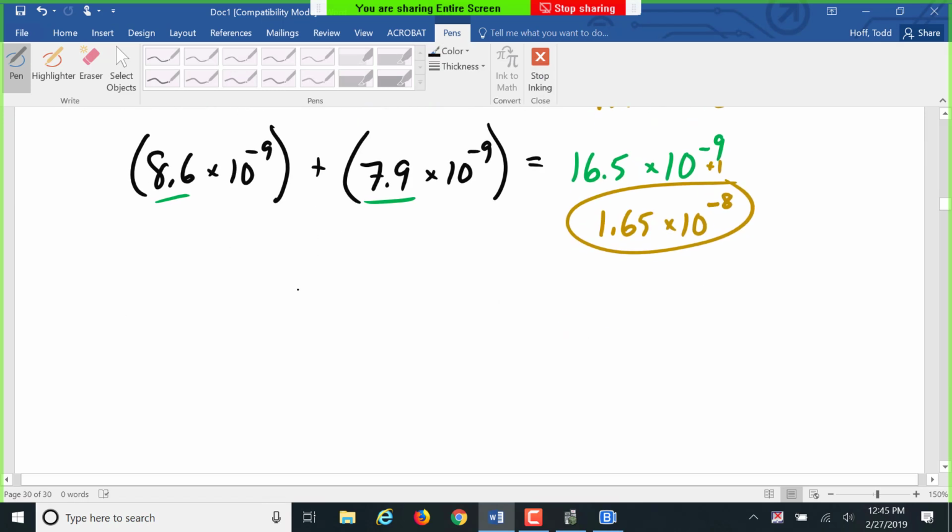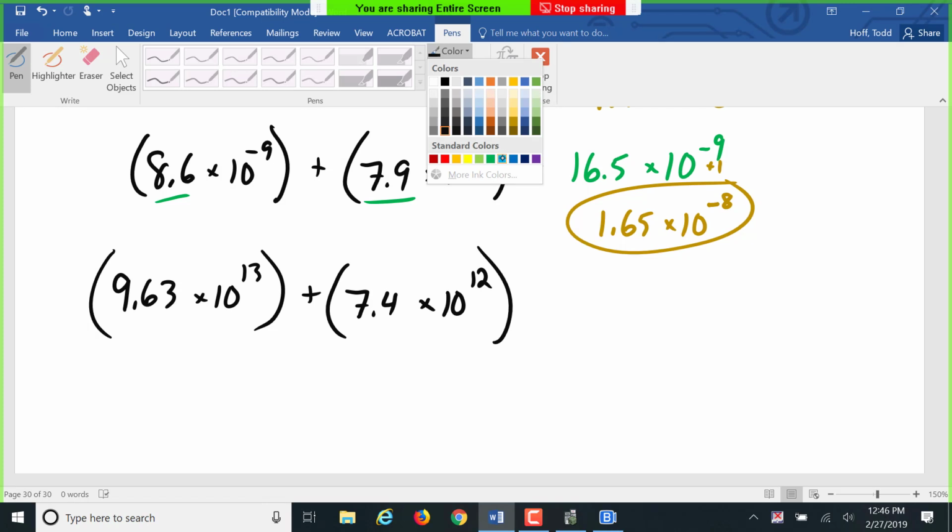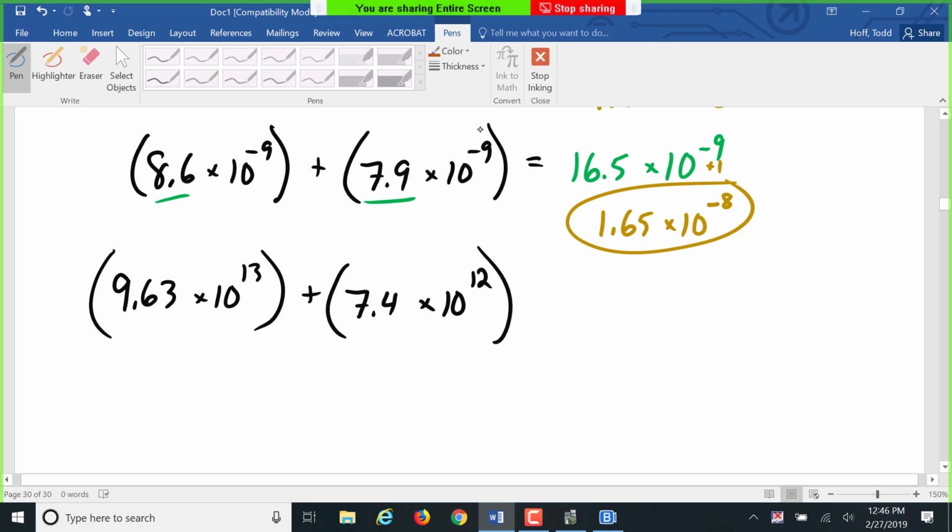If we have different powers of 10, let's say I have 9.63 times 10 to the 13th plus 7.4 times 10 to the 12th, we can't add those the way they're written. We have to adjust them.